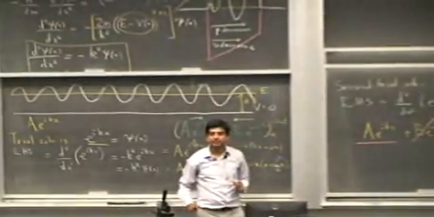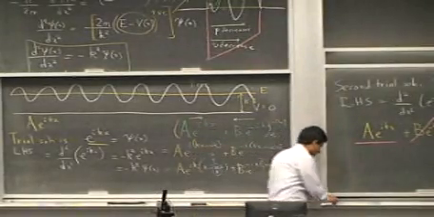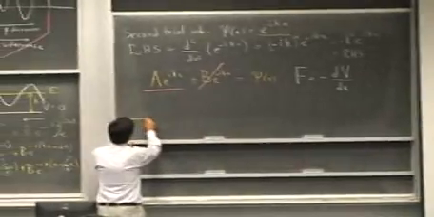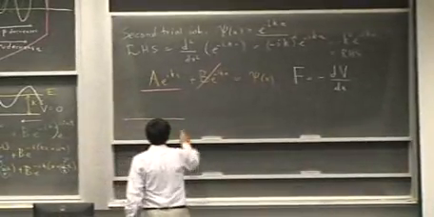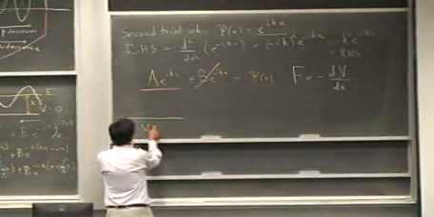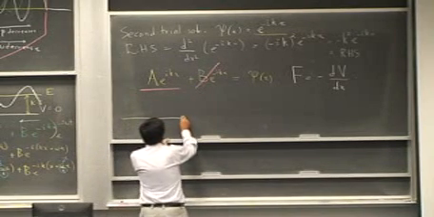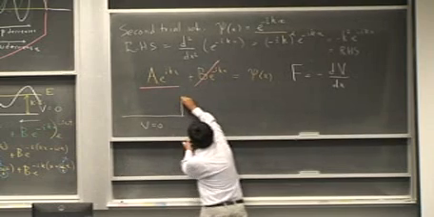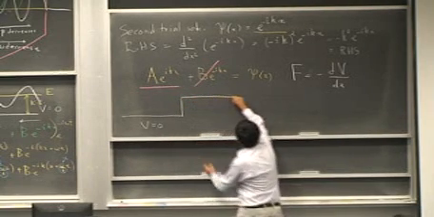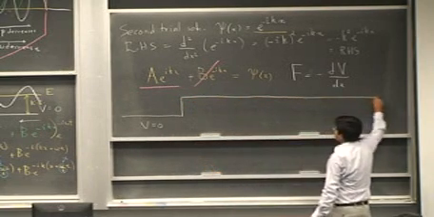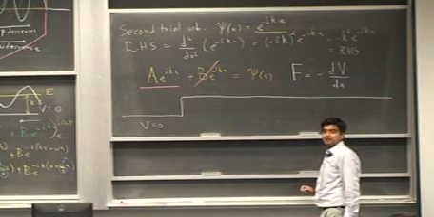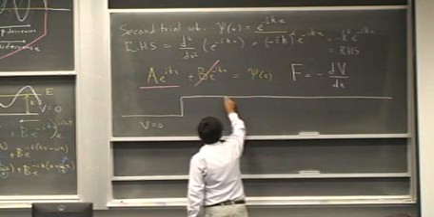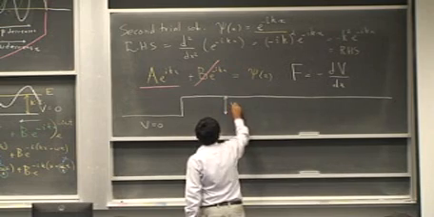Okay? Now suppose I have a potential energy distribution which is 0 here, but which takes a step. And a positive step of V naught.